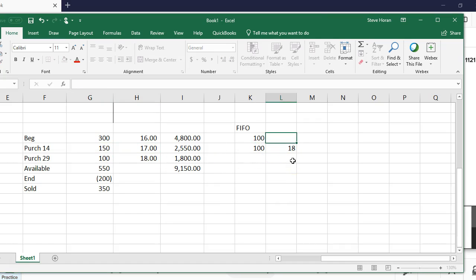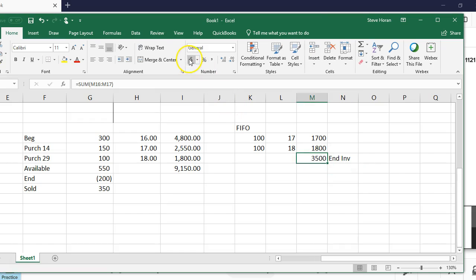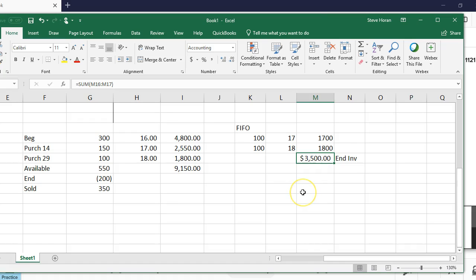So 18 and the 17, and do the math. Obviously, that's easy math to do. 1,700, 1,800, add that up, and that is my ending inventory. That's what it's worth in dollars. My ending inventory in dollars is 3,500.